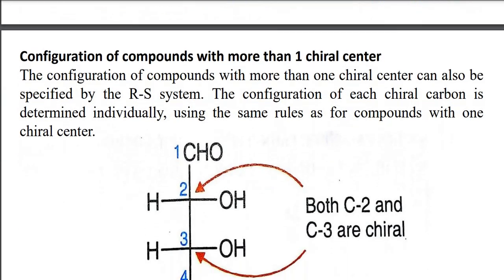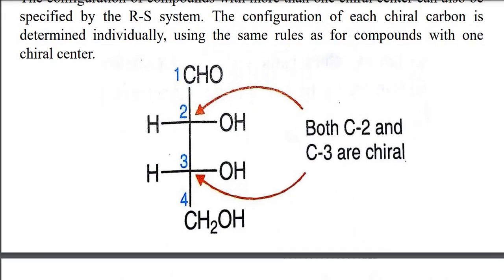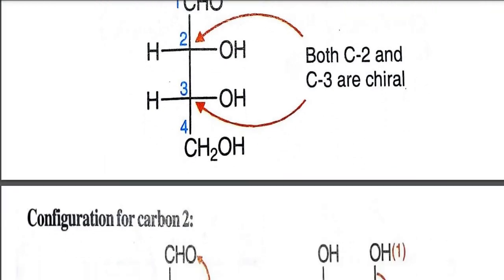Now, the configuration of a compound with more than one chiral center. The configuration of a compound with more than one chiral center can also be specified by the RS system. The configuration of each chiral carbon is determined individually, using the same rules as for a compound with one chiral center. Here both carbon 2 and carbon 3 are chiral.